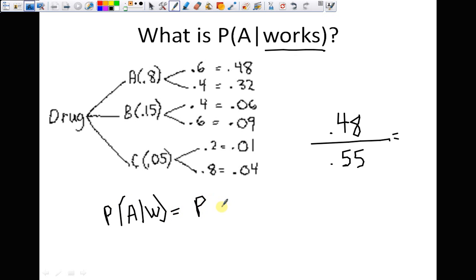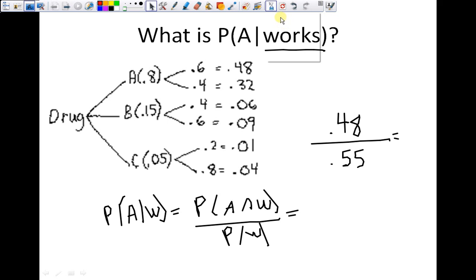That is the probability of A and W divided by the probability of W. And that's exactly what this formula says. The probability of W, the probability of working, is 0.55. The probability that we use drug A and it works was 0.48. So that's the same answer. That's just verifying that formula there.